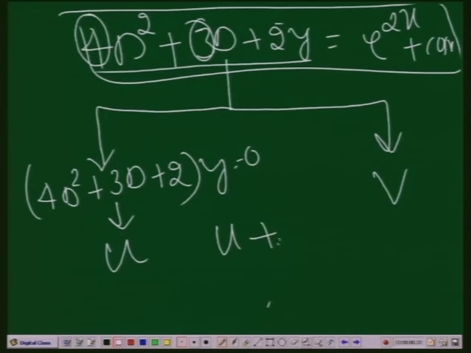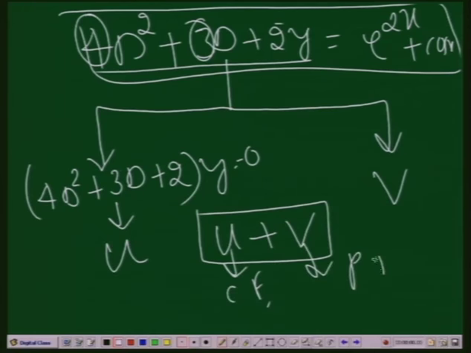Now u plus v together will be a solution of this entire differential equation. u is known as the CF and v is known as the particular integral. You are familiar with this. y equals to u plus v is the solution.